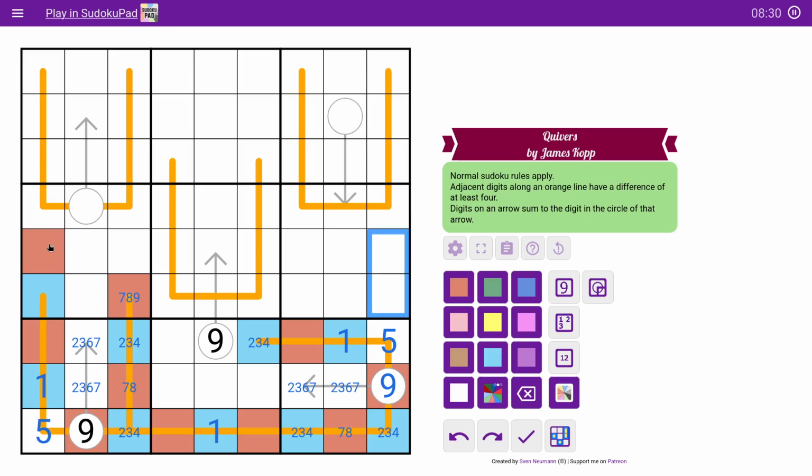That means this is a low-high pair. This is a low-high pair. If this is high, this is 8. And it must be 8 because one of these is a 4.